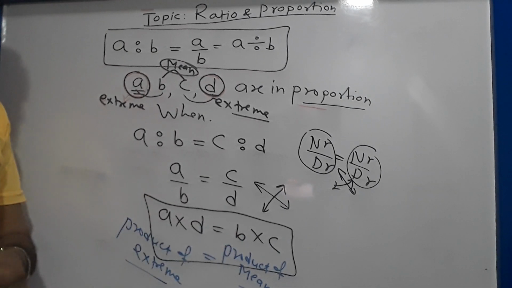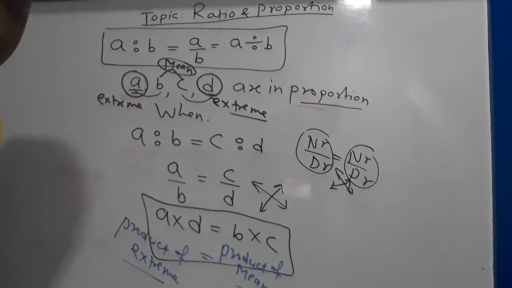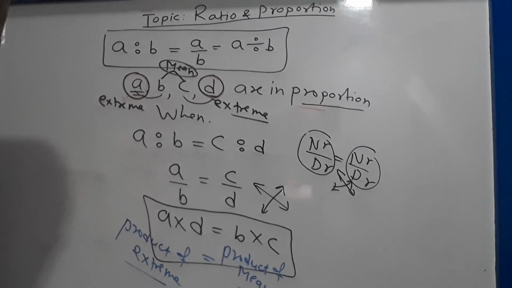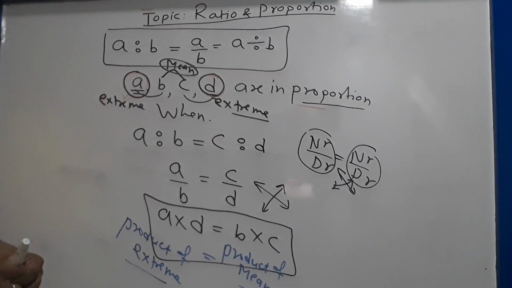Is it clear? So A, B, C, D are four numbers. They are in proportion when product of extremes is equal to product of means.